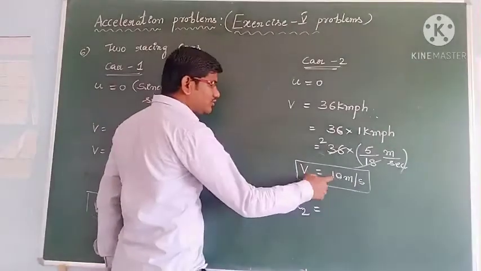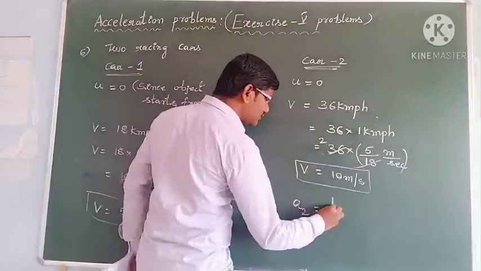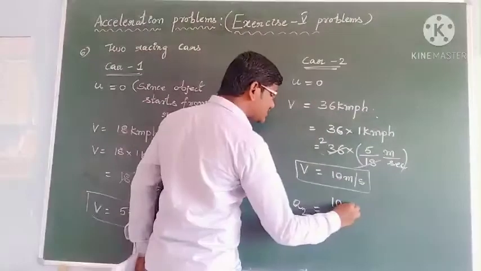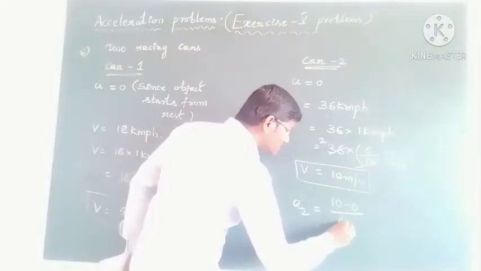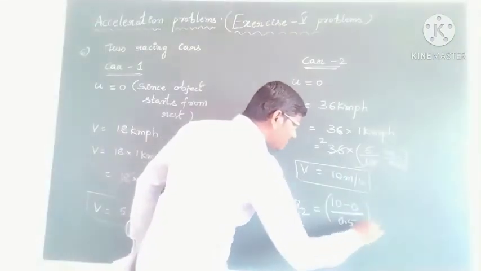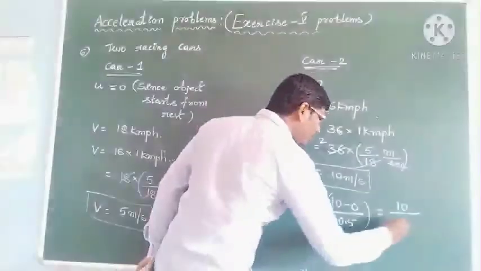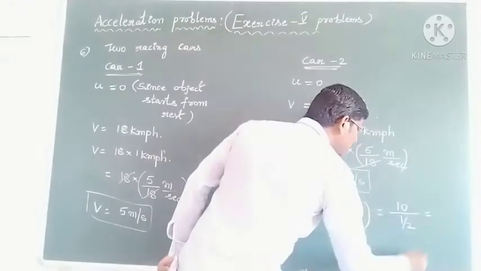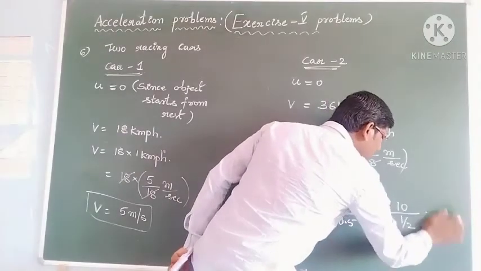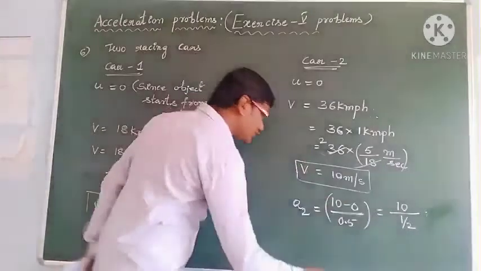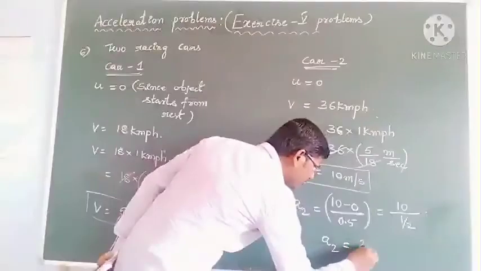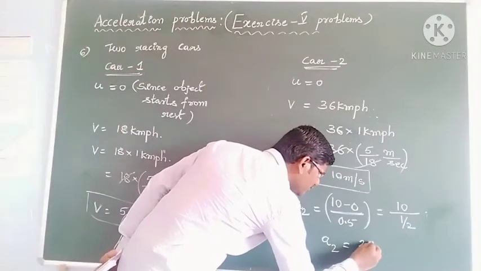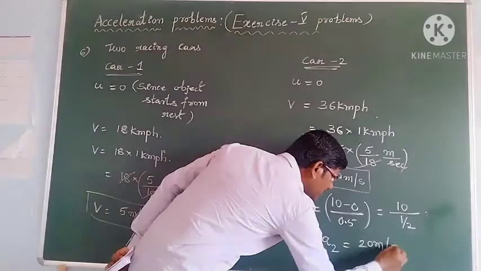A2 is equal to final velocity, so 10, minus initial velocity 0, and the time interval they have given is 0.5. So 10 by 0.5, write it 1 by 2, so 10 by 1 by 2, you will get the answer A2 is equal to 20 meters per second square.